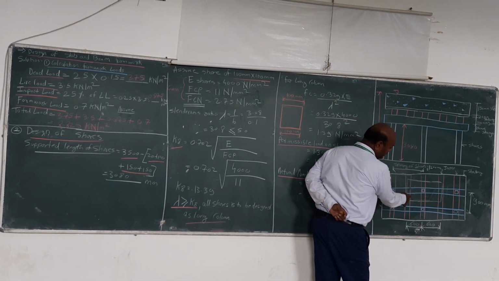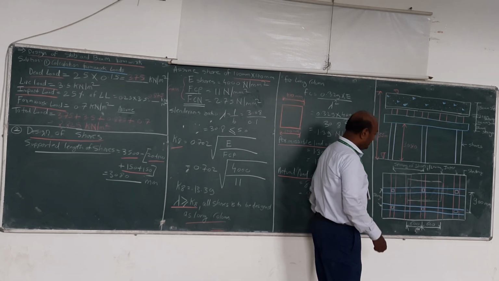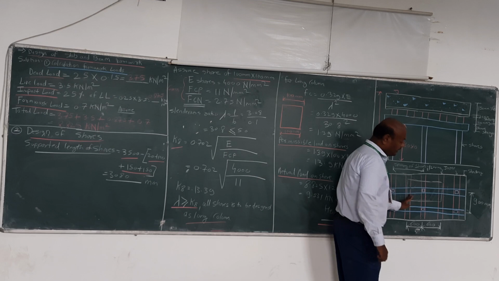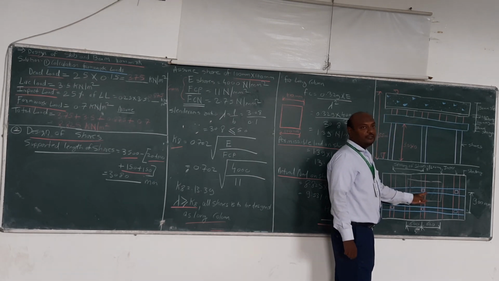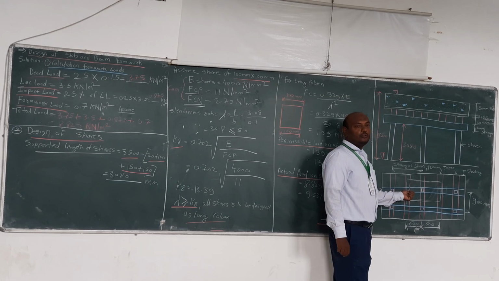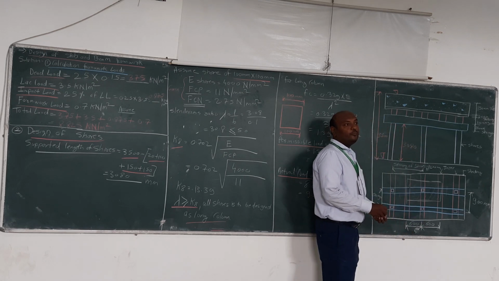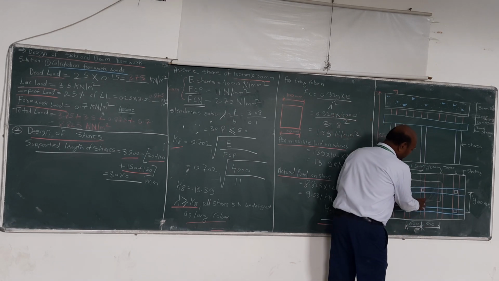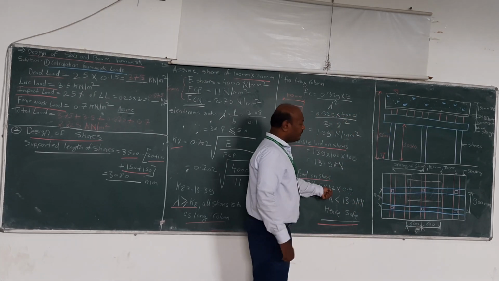So here we go 0.6 this side and 0.6 this side. Because after one of these joists we are providing the stranger, meaning in between one joist there is no shore. So here the spacing between the joists is 0.6. So 0.6 this side and 0.6 this side, that is 1.2 meter.